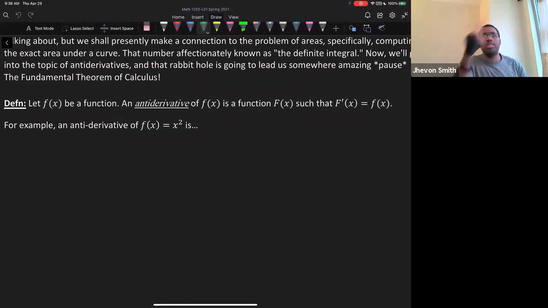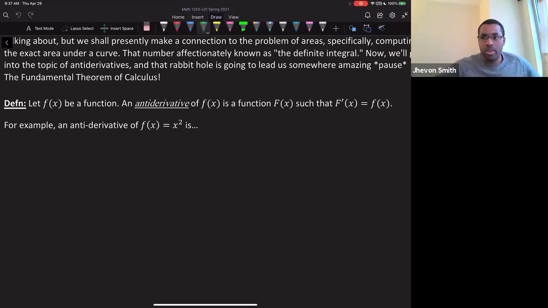You want to undo the derivative to go to the other function, right? So the antiderivative of a function f of x is another function, big F of x, where if I take the derivative of big F, I get the little f, right? So if I'm given a little f, I want to know what big F I could use so that if I took its derivative, I would get the little f.